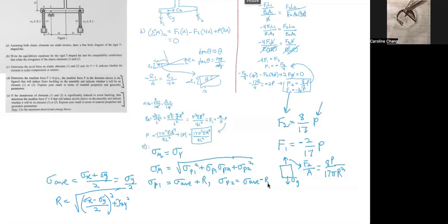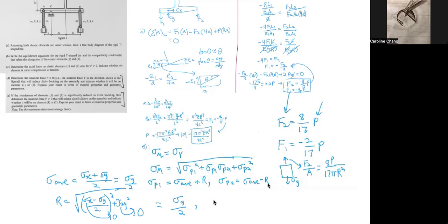As we know, sigma x is equal to 0 since this is pure tension, and the shear stress value is also 0. As a result, R is simply equal to the square root of negative sigma y over 2, all squared, which is equal to sigma y over 2.